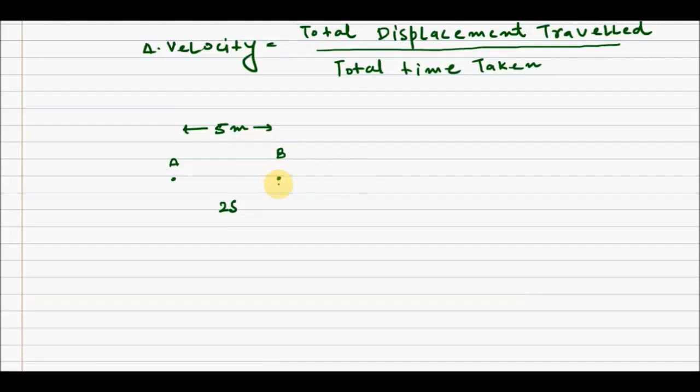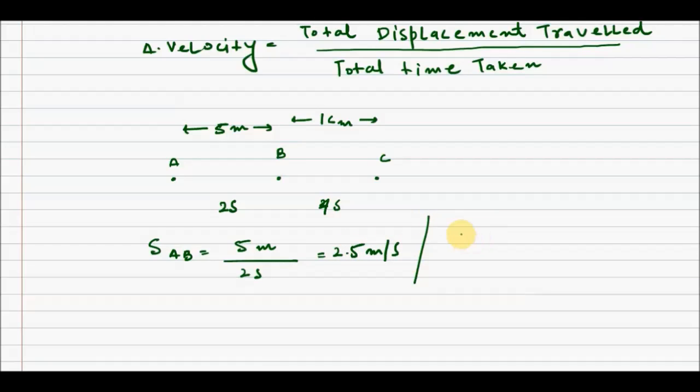Then after reaching B, he again moves and travels to point C, and the distance between B and C is 16 meters, and the time he takes is 4 seconds, right? So if I ask you what was his speed during AB, you would simply say that his speed would come out to be 2.5 meters per second.